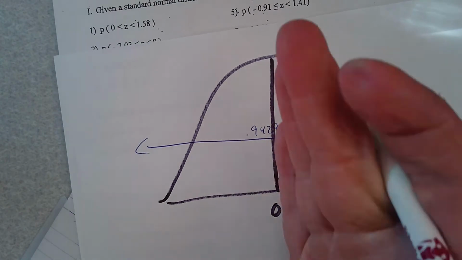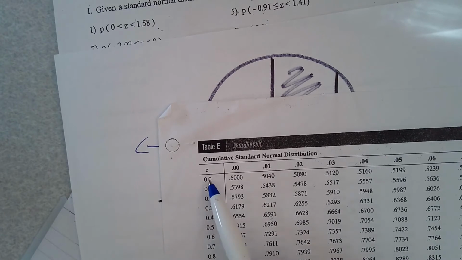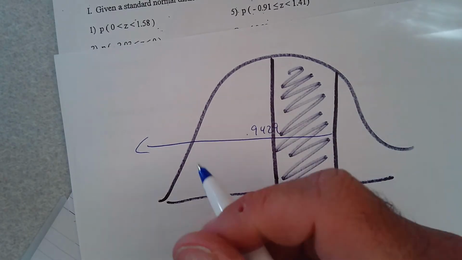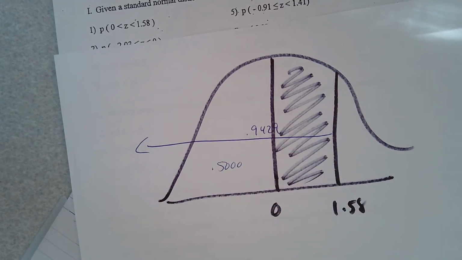Now we know that half the curve is 50%. And again, on your table, a z-score of 0 is 50%. So this area is 50%. To figure out my shaded part, I'm going to take 0.9429 and subtract 0.5.